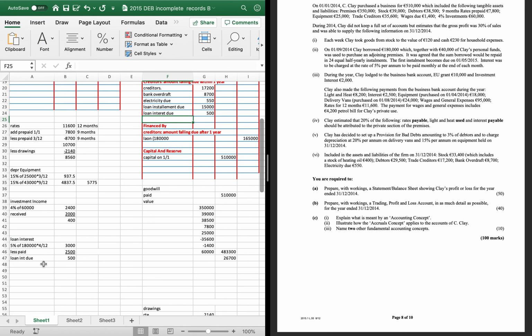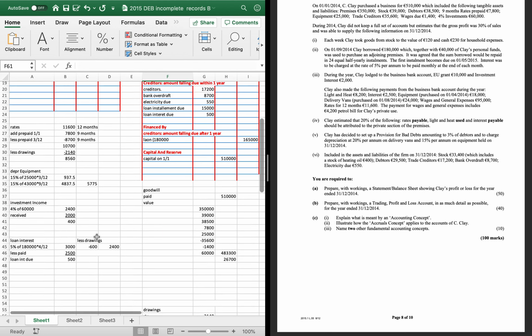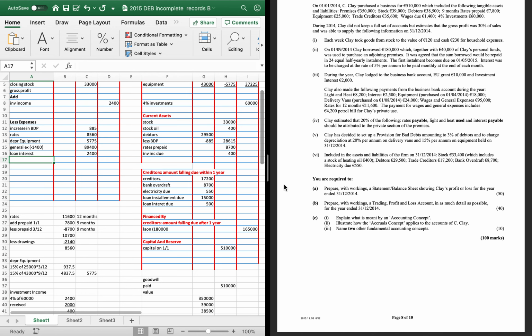And there is 20% of it, of the 3,000, which is 600, to do with the private section of the business. So that is drawings. So we put that 600 into drawings, and we're going to put the 2,400 into your expenses here. Okay, so that's dealt with.